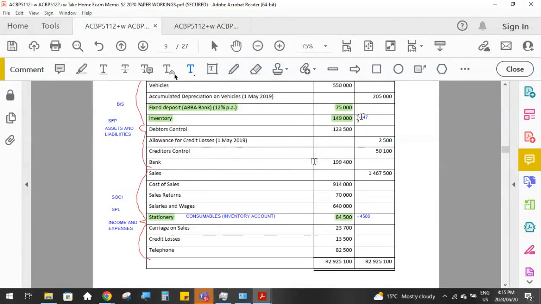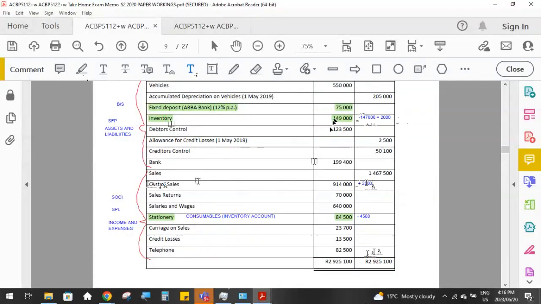So we must adjust it to equal 147,000, which means we've got to do a journal entry for 2,000 to reduce our asset inventory by 2,000. So we'll credit our inventory account by 2,000 to reduce it, and we will debit our cost of sales account. So our cost of sales account is going to increase by 2,000.